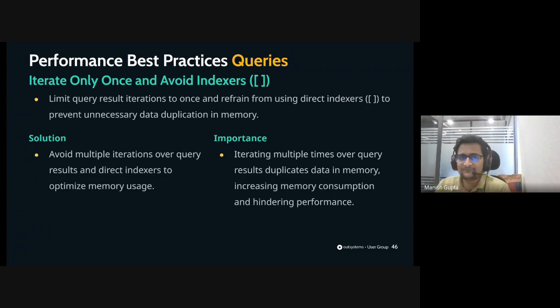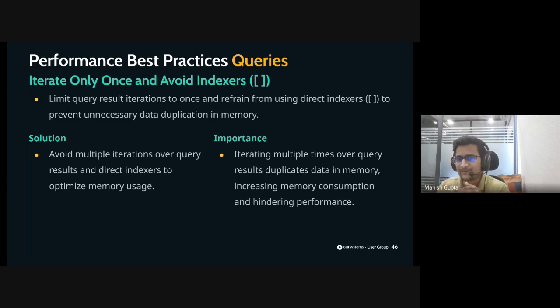Again, we used to use these indexes and multiple iterations whenever we are working with the queries. So we should always limit the iterations over the queries and get the result once. And we should refrain from using direct indexes like this and passing the iterations over it.